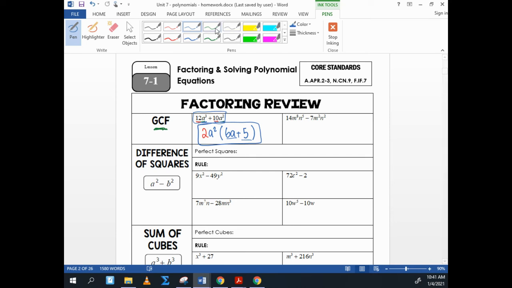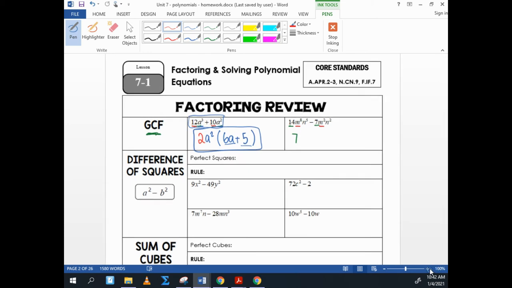Okay, let's try the same thing right here. Again, I just look at my numbers, 14 and 7. I take the smallest one and I say 7 divides into itself. Will 7 divide into 14? Yes. Okay, so 7 is going to be part of my greatest common factor. Now I just take my letters one at a time. Don't let it overwhelm you. I've got m to the 5th. Sorry, that's an 8. M to the 8th.